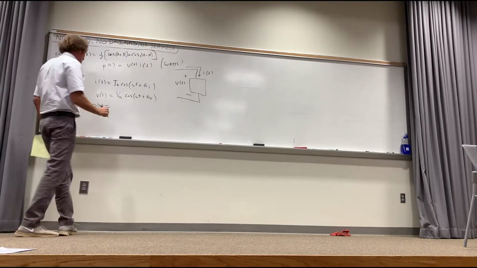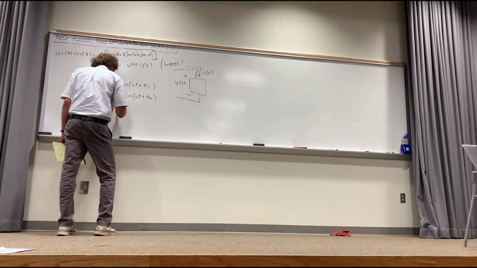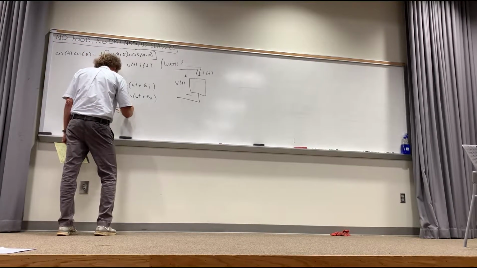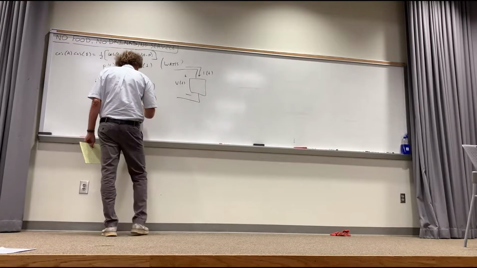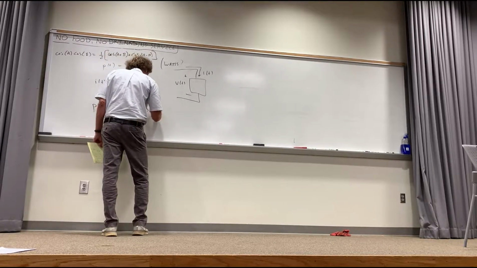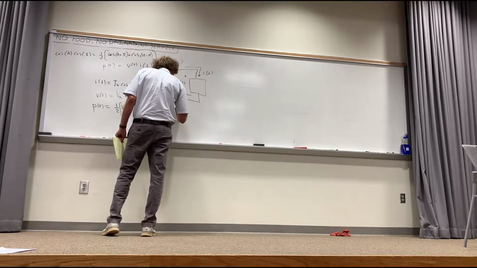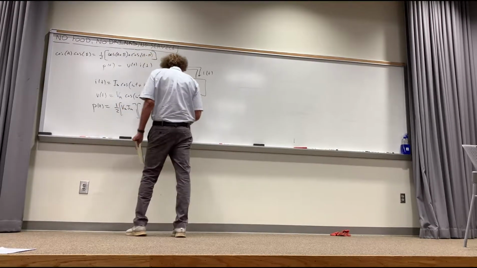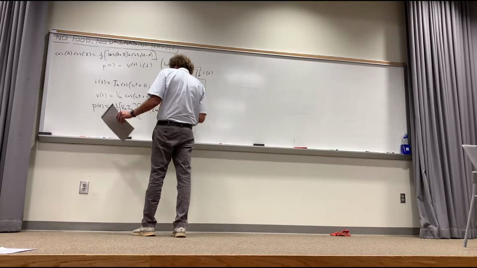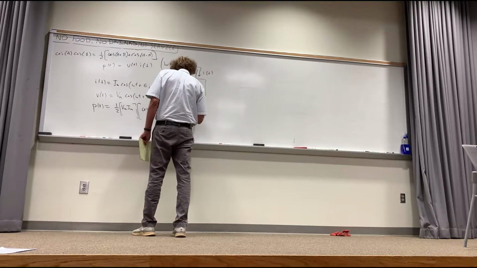When I plug that in here, I get 1/2 times the quantity VmIm times cosine of 2 omega t plus theta V plus theta I. This is just something for the record books. We're going to forget about this in a second. Plus cosine of theta V minus theta I.